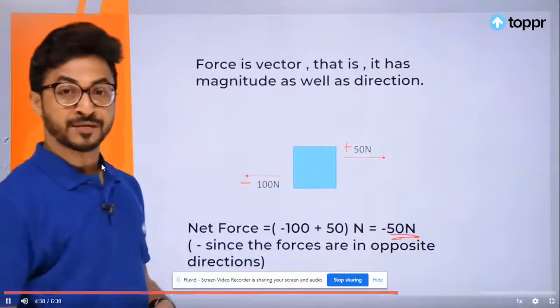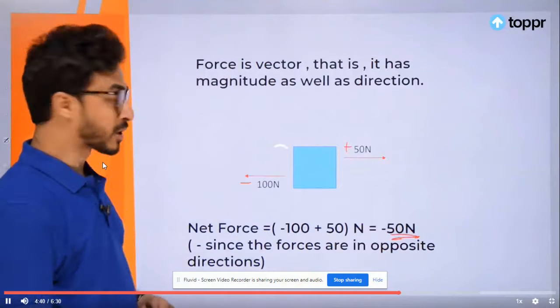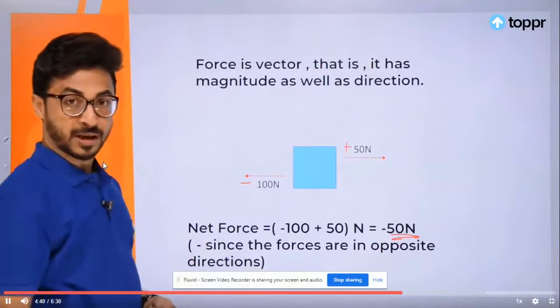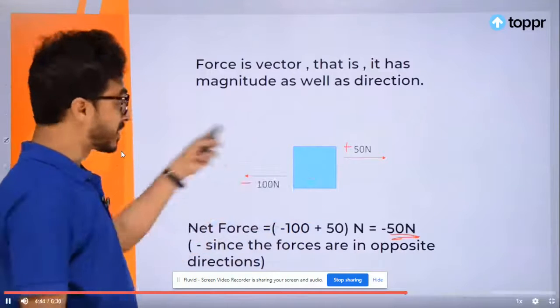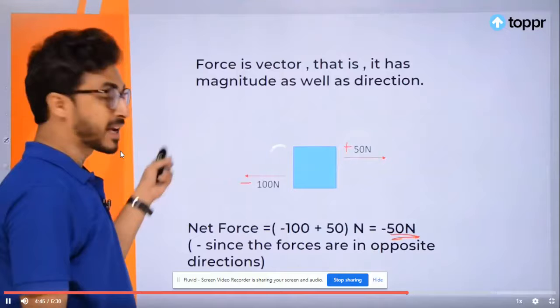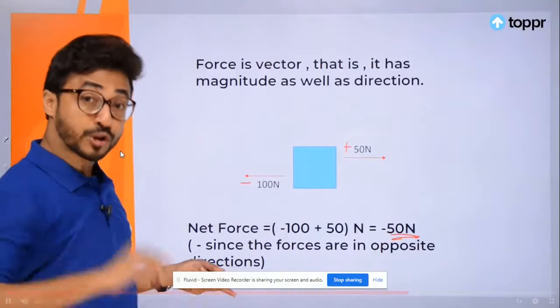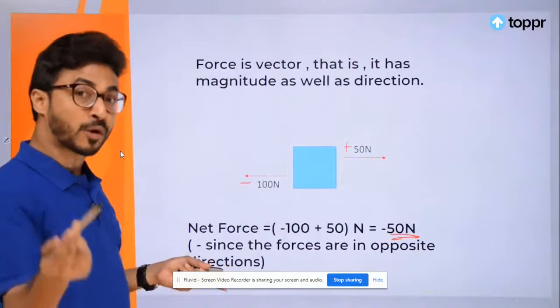So minus 50 Newton means what? That is in the negative direction. The box will move in the direction of the net force, which is the negative direction, which also comes with your argument.